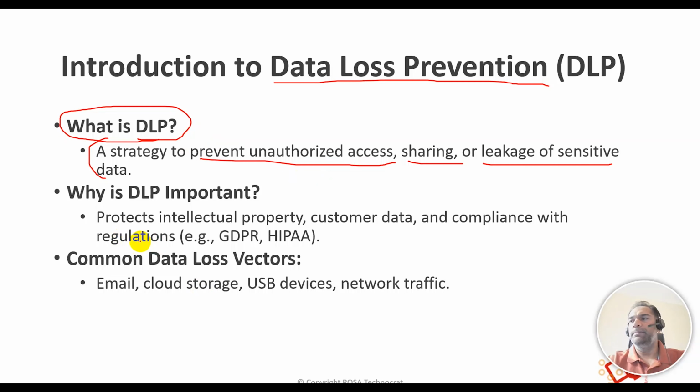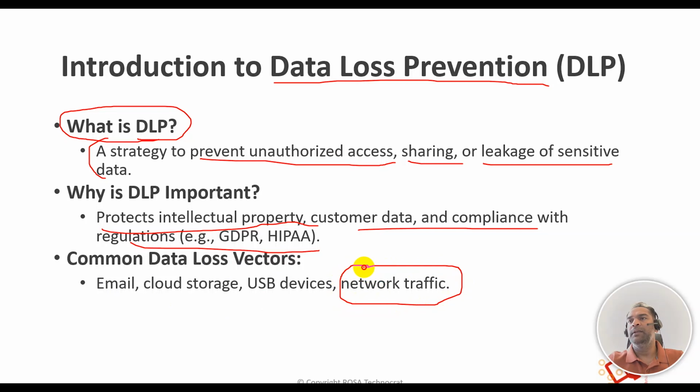What are the uses of DLP? Basically it protects intellectual property, customer data, and ensures compliance with regulations. Compliance is achieved because you will be able to block the data based on the regulatory requirement. Common data loss vectors are email, cloud storage, USB devices, and network traffic. FortiGate helps us in network traffic, where you can use a DLP profile to block content based on sensitivity or the type of content.